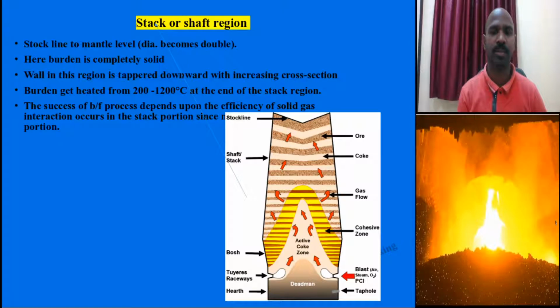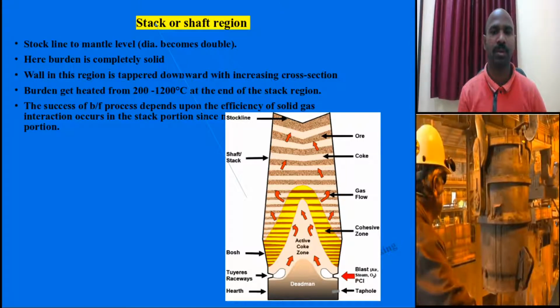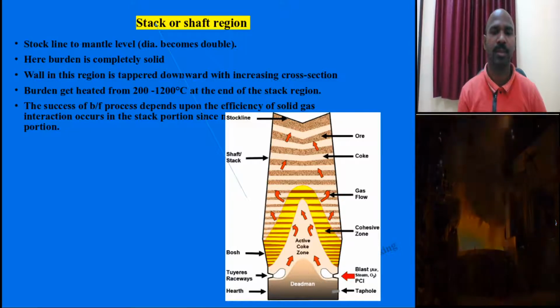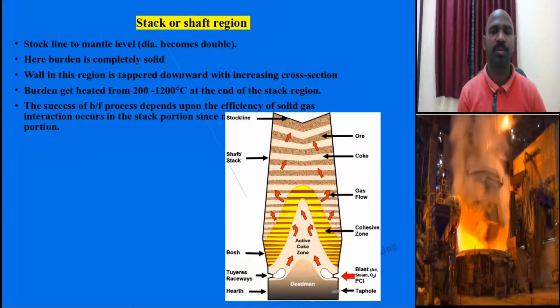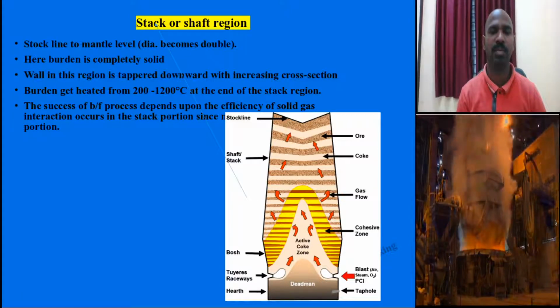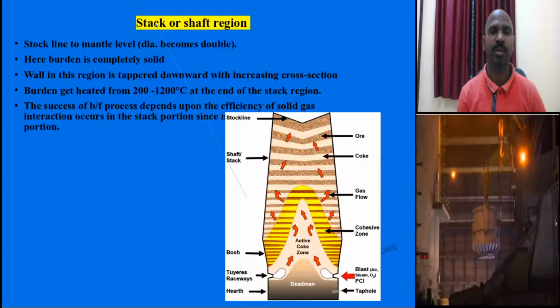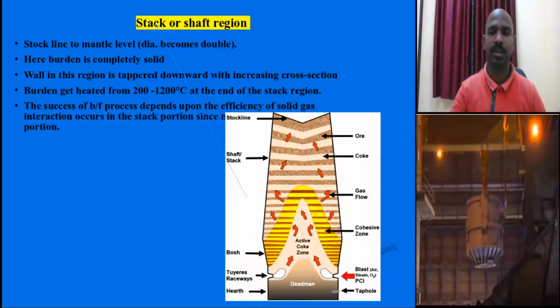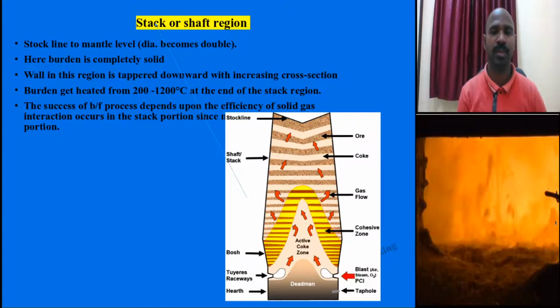How much volume of the gas is interacting is an important parameter. To allow a long interaction time, such a long length is provided, tapered downwards with an increasing cross section of 25%. Most of the solid charge resides in the stack zone only.